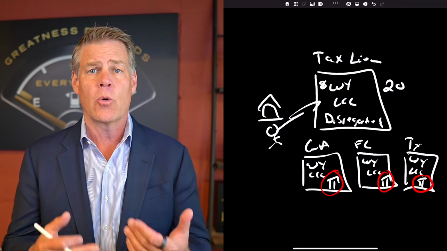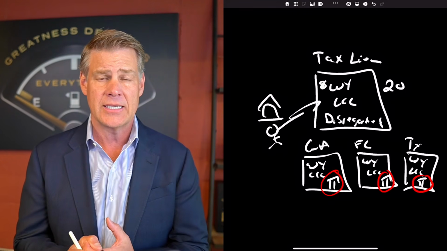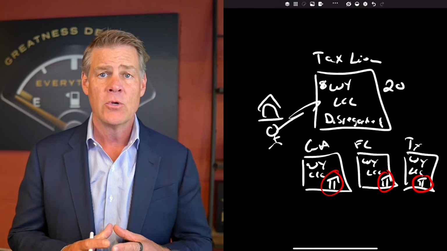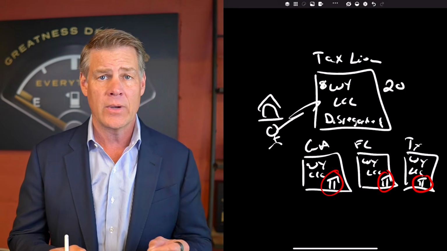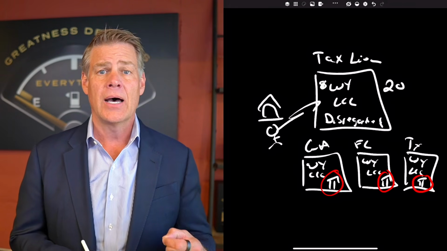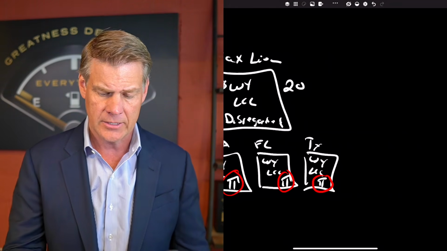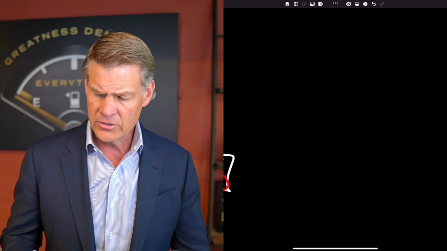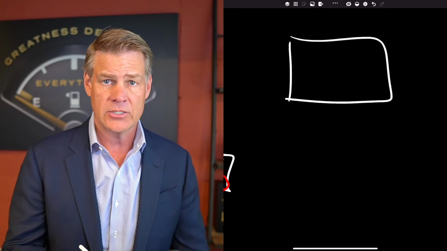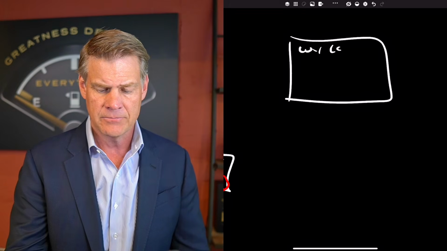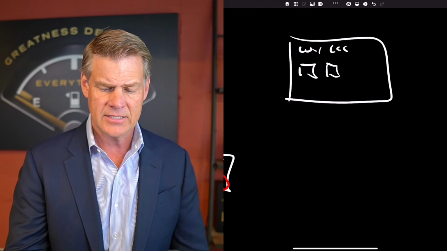Now we need to explore what are we going to do with these things after we have them from a tax standpoint and with the tax liens from an asset protection standpoint. So let me just focus on the tax liens real quickly here. So now you've got your tax lien structure set up. All right, so here's my Wyoming LLC again, and I own several tax lien certificates inside of here.